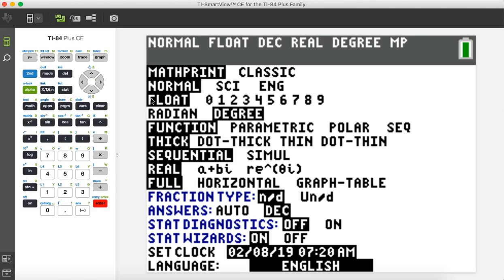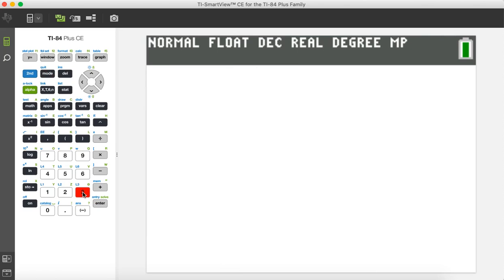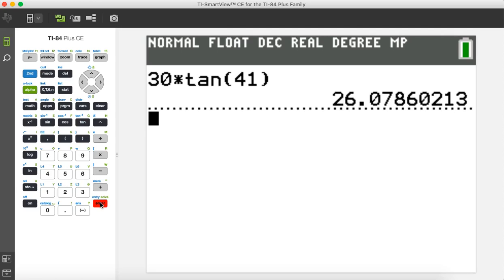This is something you always want to check in trig, whether your calculator is in radian or degree mode. So I'm just going to put in 30 times the tangent of 41 degrees. And that will get me that missing side, if I round this to the nearest tenth, is 26.1.